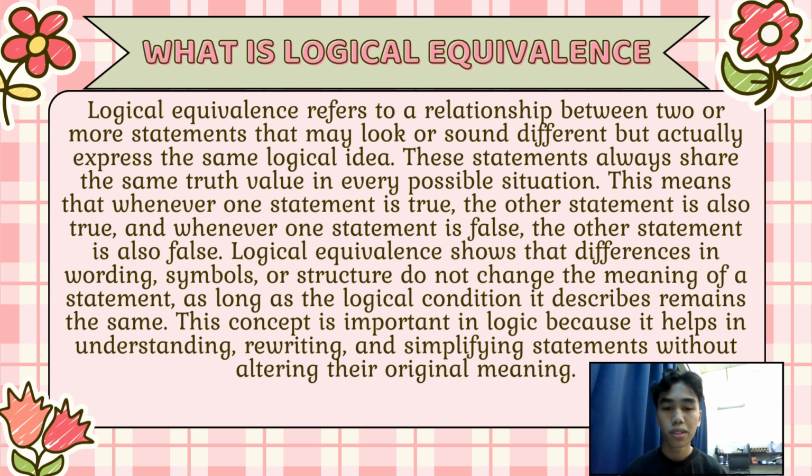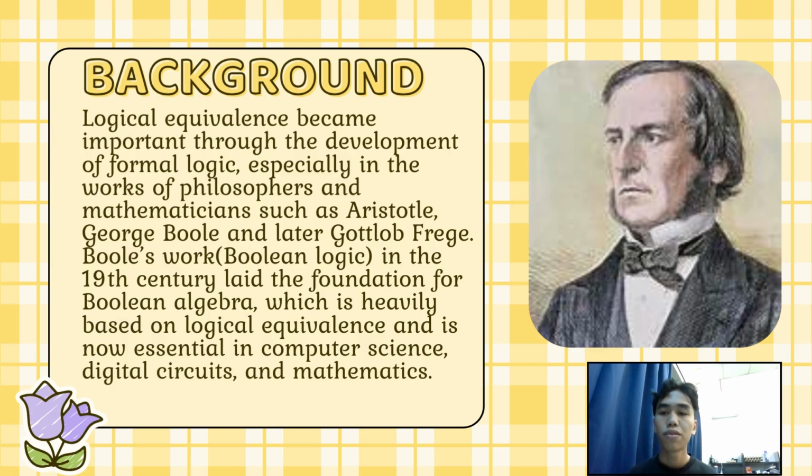Next, we're going to be talking about the background of logical equivalence. Logical equivalence became important through the development of formal logic. This development was strongly influenced by philosophers and mathematicians such as Aristotle, George Boole, and many others.